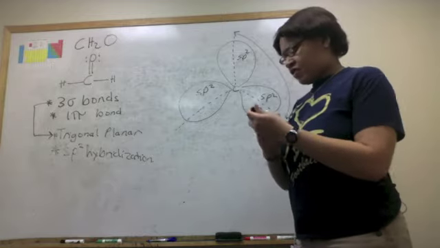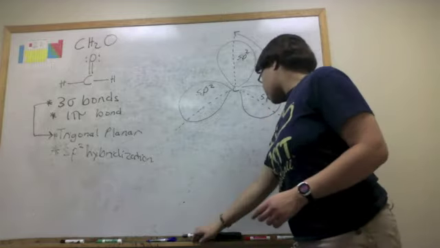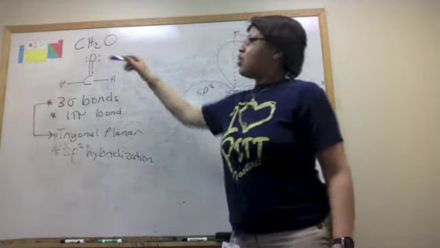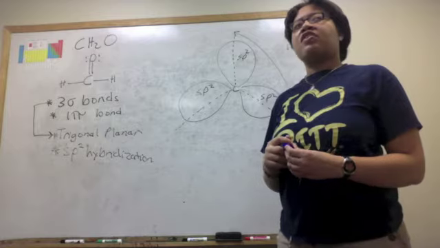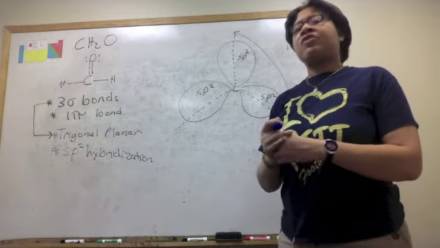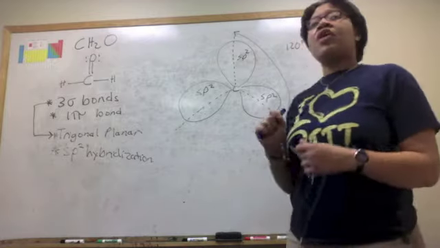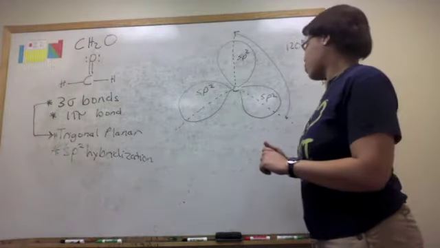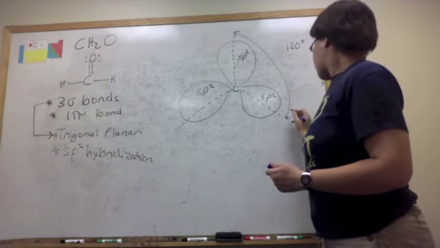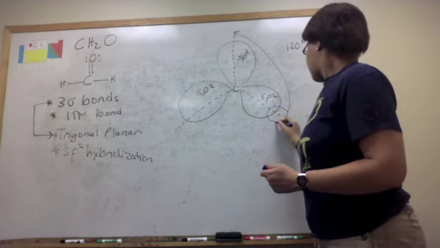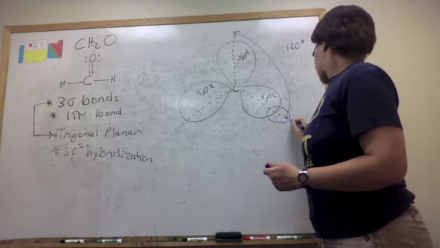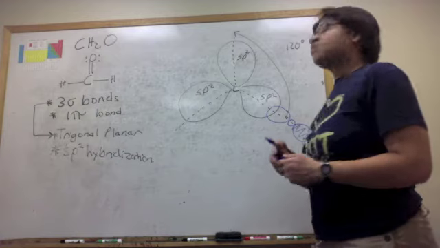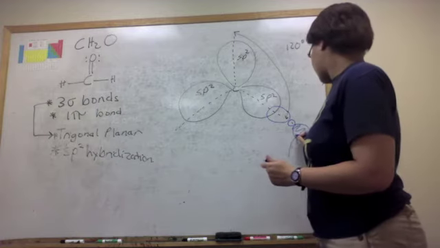Now it's time to represent our orbital overlap regions. Let's begin with the oxygen. Oxygen has 2 unpaired electrons, each in 2p orbitals. Therefore, one of oxygen's 2p orbitals will overlap with one of carbon's sp2 hybrid orbitals. Again, we want to label our orbitals.